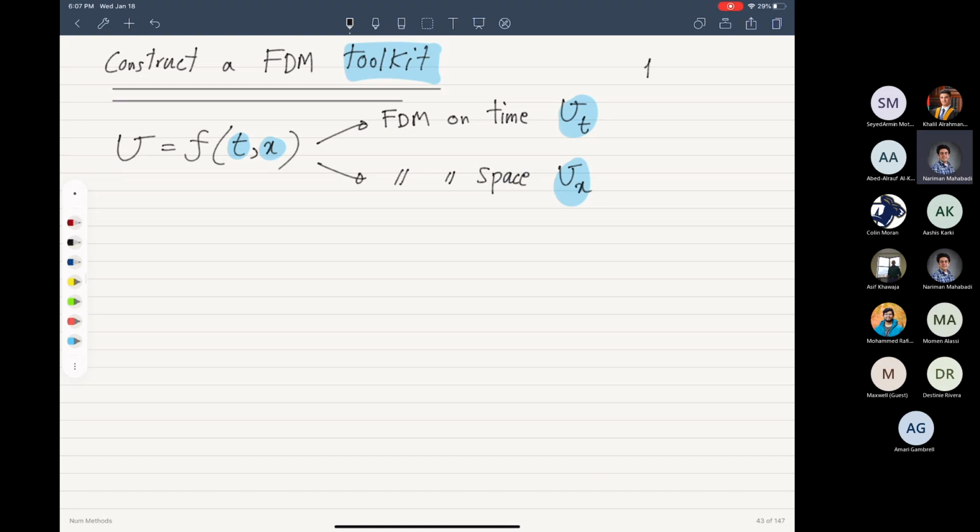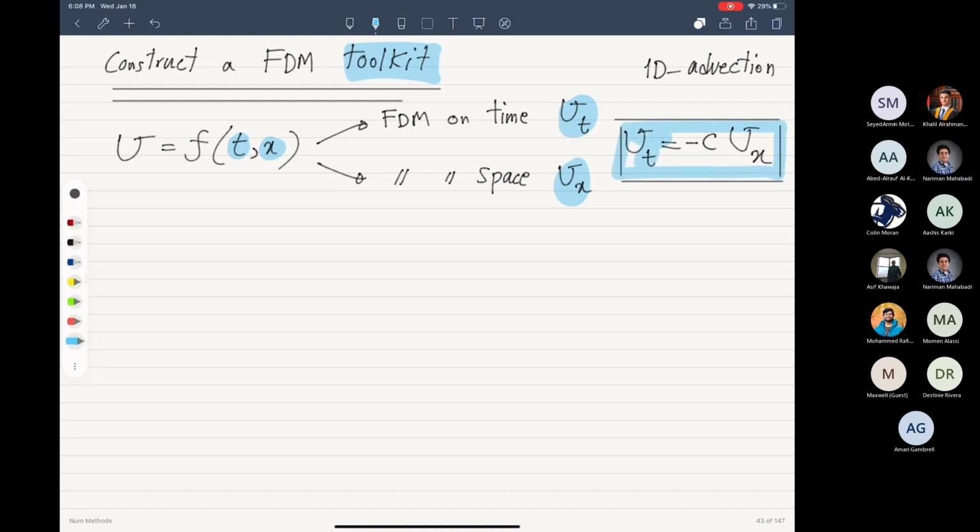The simplest one is one-dimensional pure advection, right? So you remember this equation. The derivative of the unknown function with respect to t is equal to some constant times the derivative of u with respect to x, right? This is a partial differential equation of one-dimensional advection.